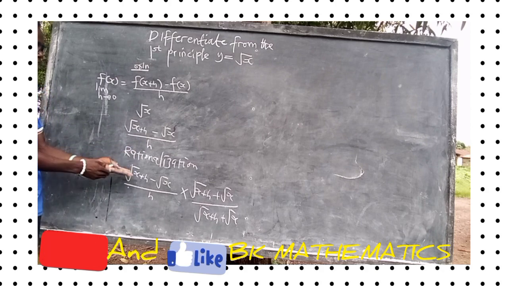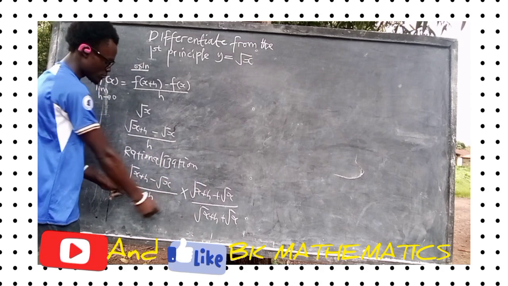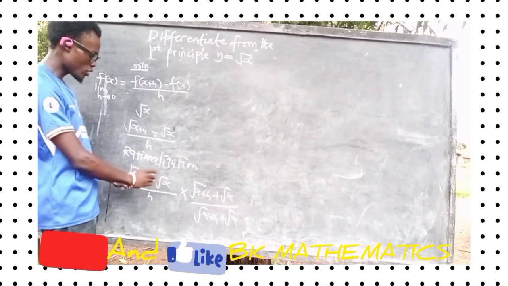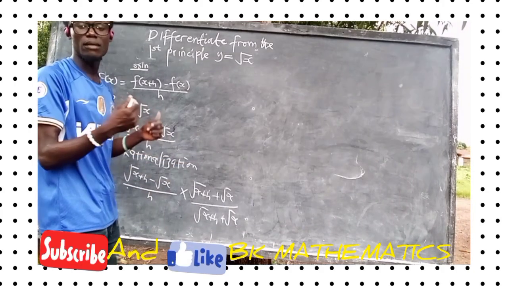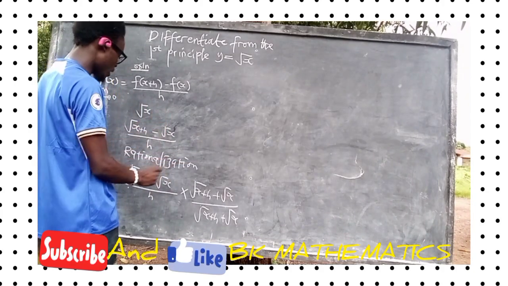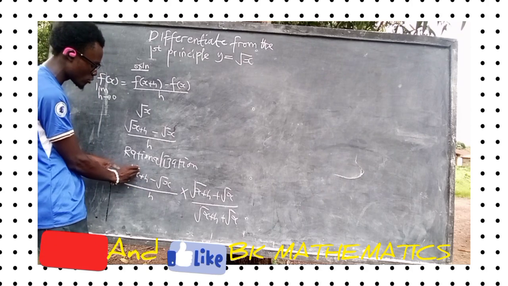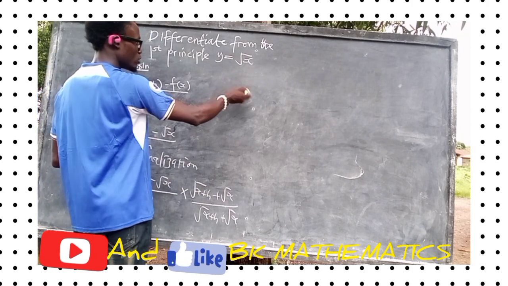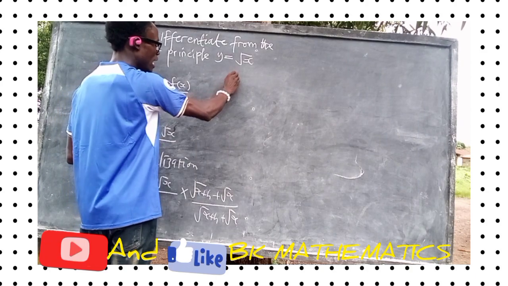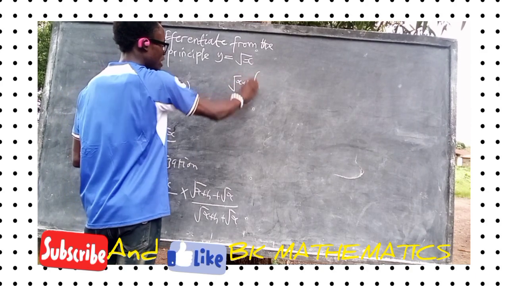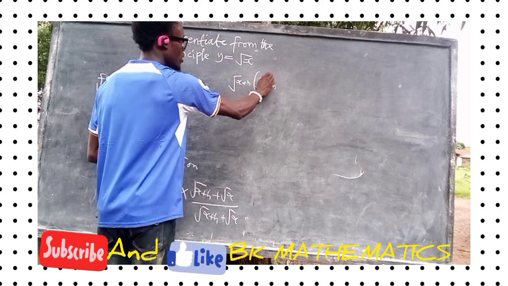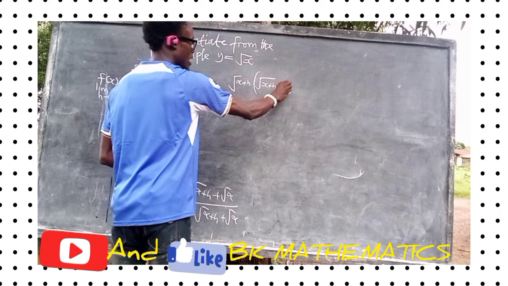Now what I need to do here is multiply the corresponding terms, the first one with the first one, the second one with the second one, just like expanding a bracket. We take root x plus h and multiply it with the other bracket, that is root x plus h plus root x.